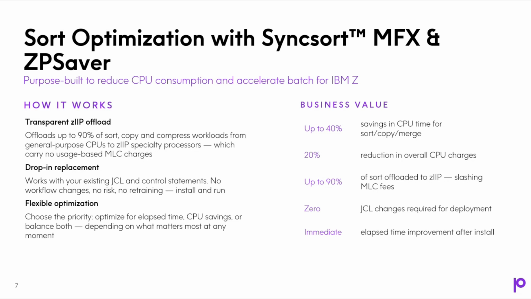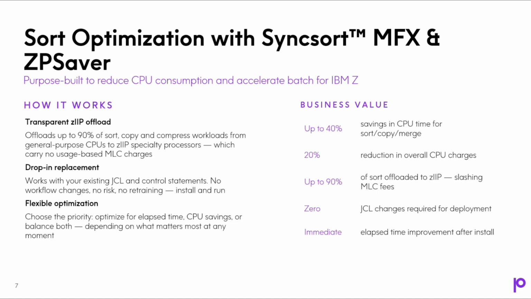Second, we have drop in replacements, and this is truly a big one. No JCL changes, no retraining of teams, and nothing for teams to relearn. It just runs. And third and the last one is flexibility. We can prioritize CPU savings or elapsed time or a balance of both, depending on what matters the most.